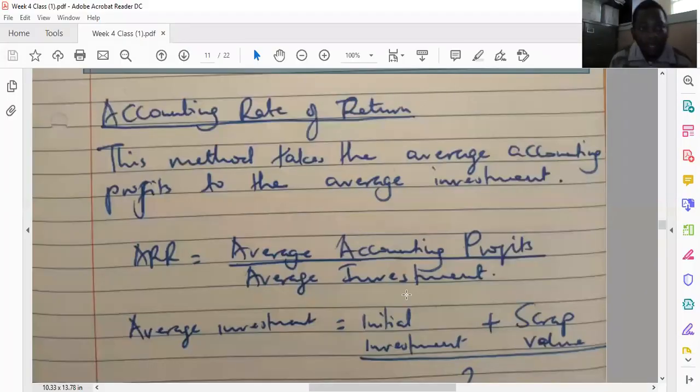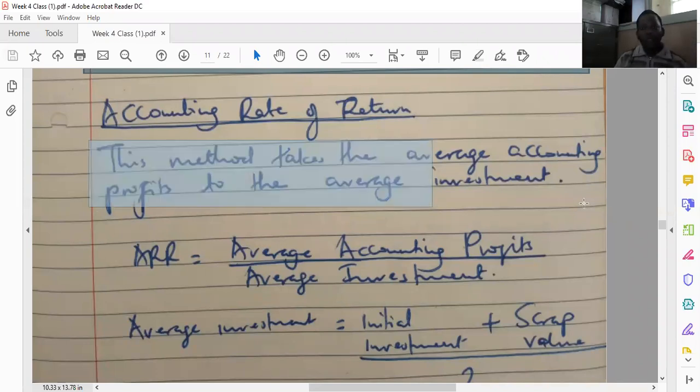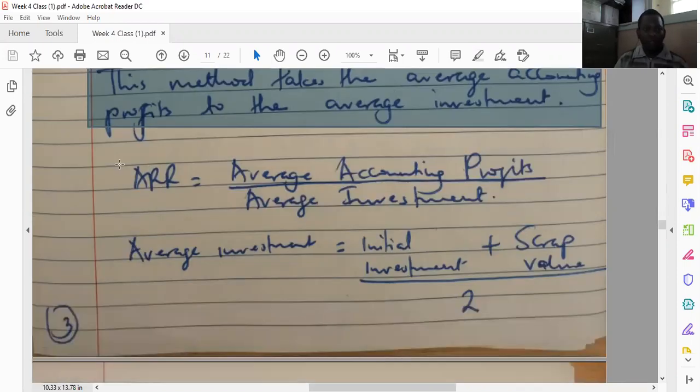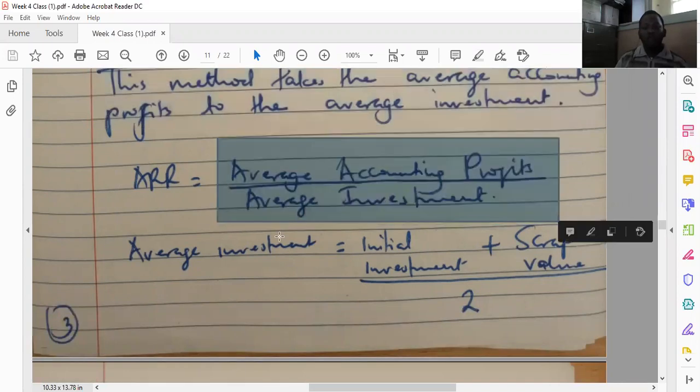We move on to the next capital budgeting technique, that is the accounting rate of return. So this method compares the average accounting profit to the average investment. Therefore, the formula for the accounting rate of return is equal to the average accounting profit divided by the average investment.